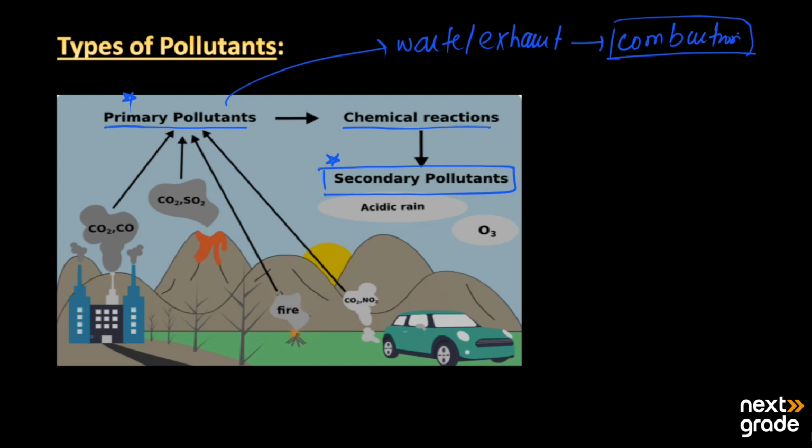For example, the waste or smoke from chimneys or industries containing CO2 and carbon monoxide, or when a volcano erupts, it releases carbon dioxide and sulfur dioxide. Fire extinguishing also releases smoke, and the smoke produced by vehicles or automobiles contains carbon dioxide and nitrogen dioxide.